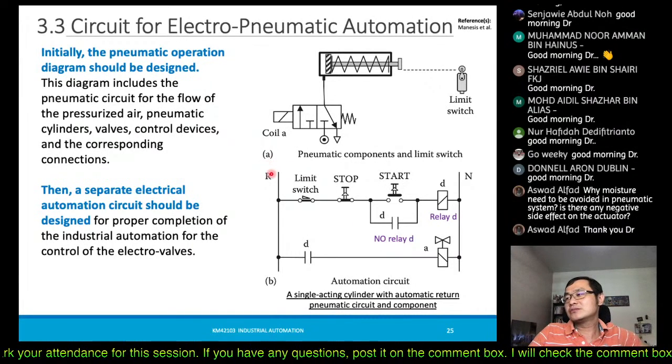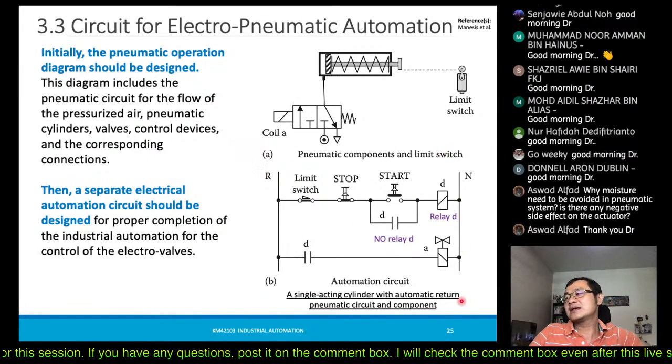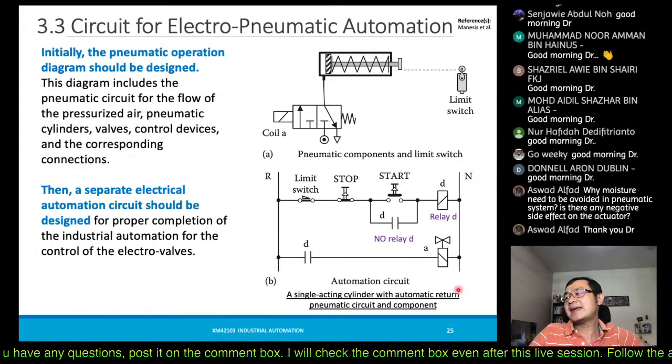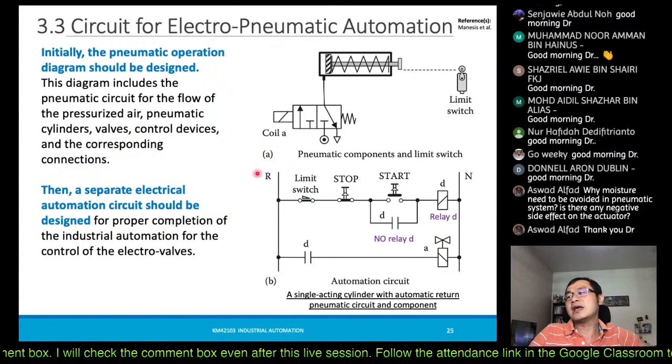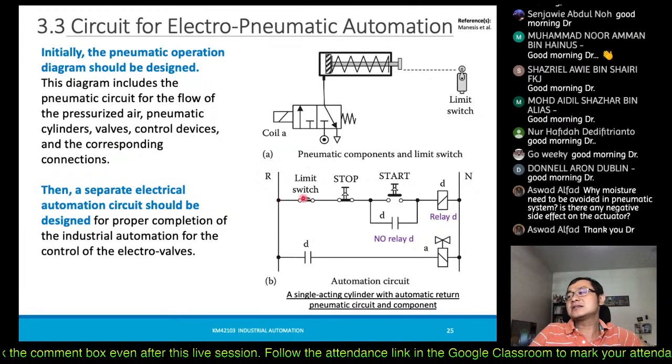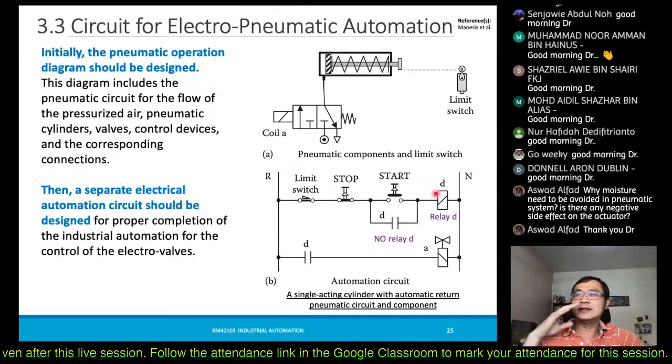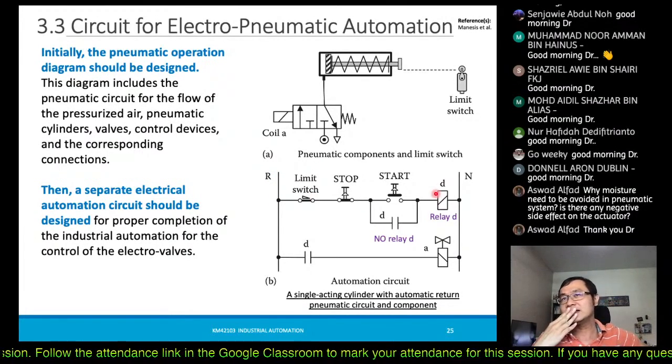There are two lines. One is the neutral line and one is your rated voltage or current, so this is how we activate the circuit.